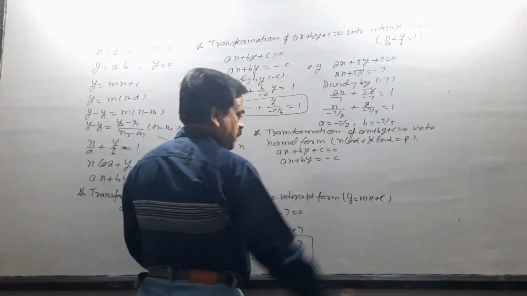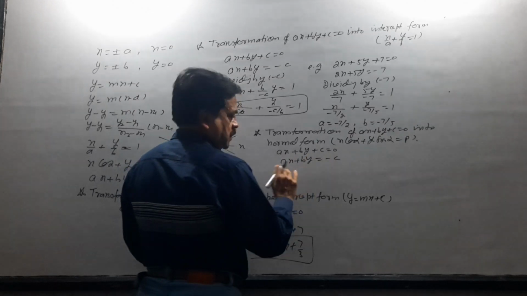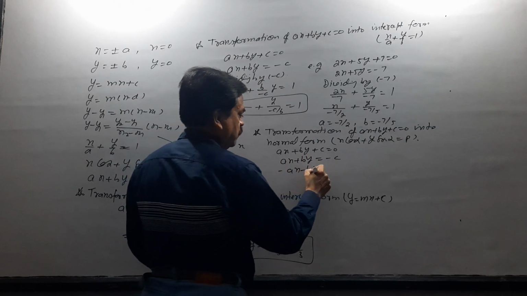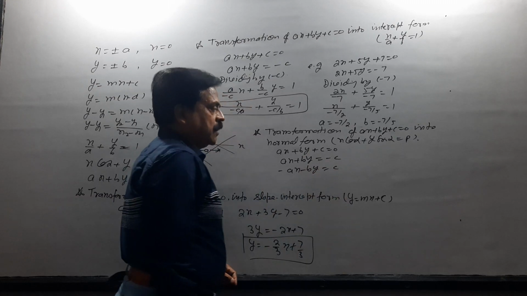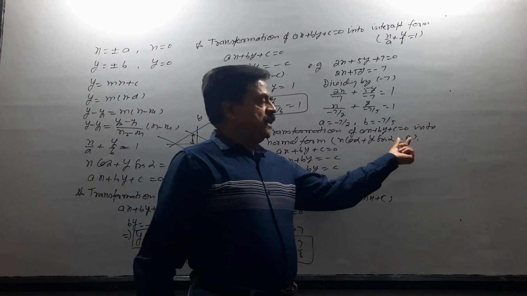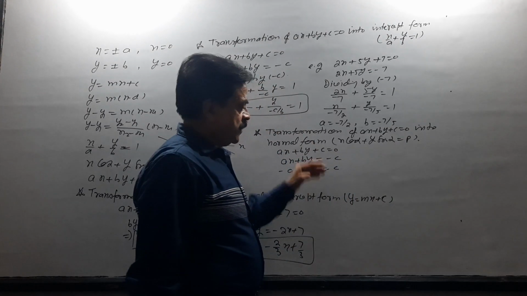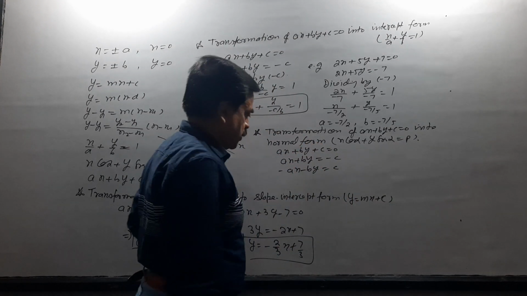Multiplying both sides by minus, minus ax minus by is equal to c, because this will represent distance and distance is always positive, so make it positive. If here it is negative, then make it positive.